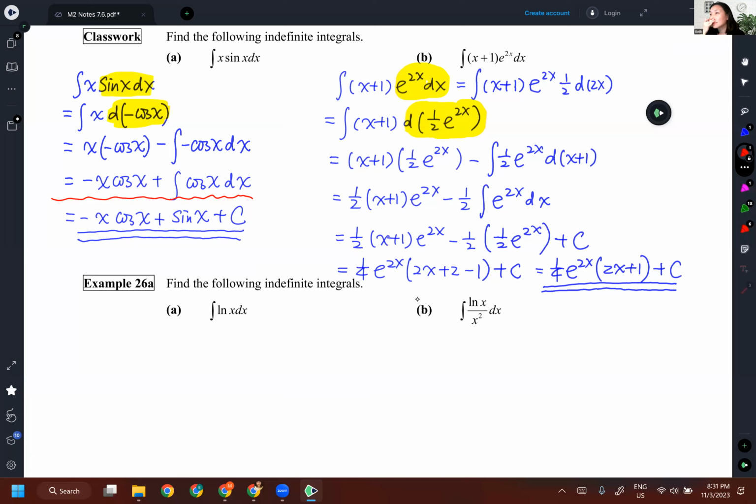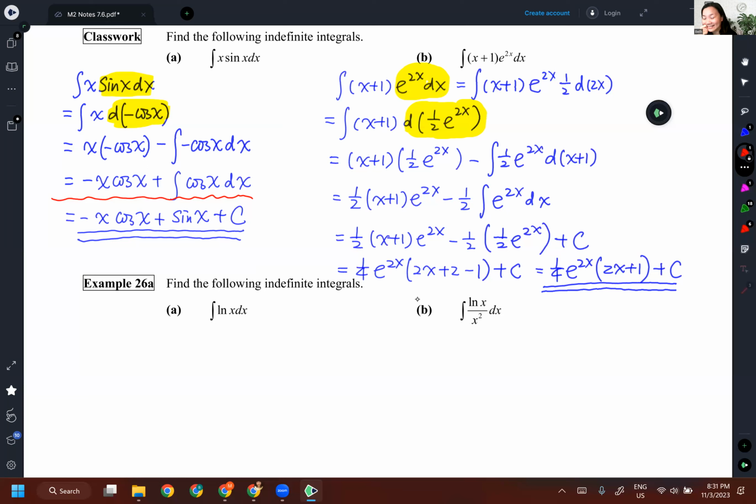But in the end, you will get this. Maybe in your answer you put 1 over 2 in front. That's okay too. It's just later on, your steps may vary a little bit. You may need to add a lot of brackets because the 1 over 2 is in front of the whole integral.